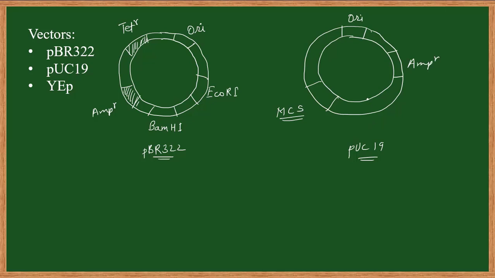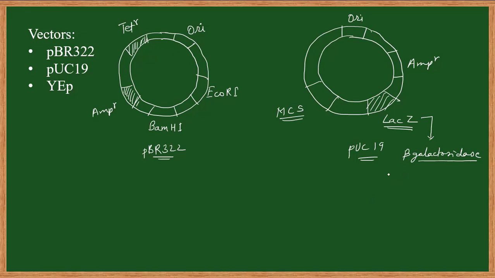And here is one more selectable marker, the lacZ gene. This is a slightly different type of selectable marker. What is the role of the lacZ gene? This gene will form the enzyme beta galactosidase. How do we identify whether this gene is present or not?